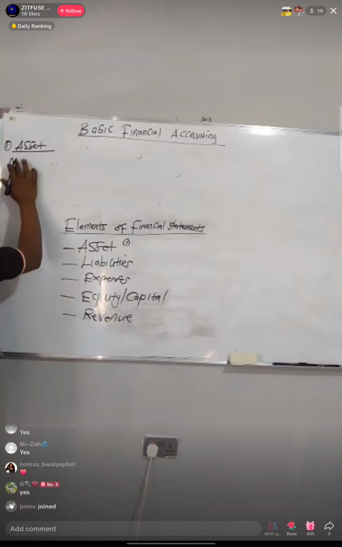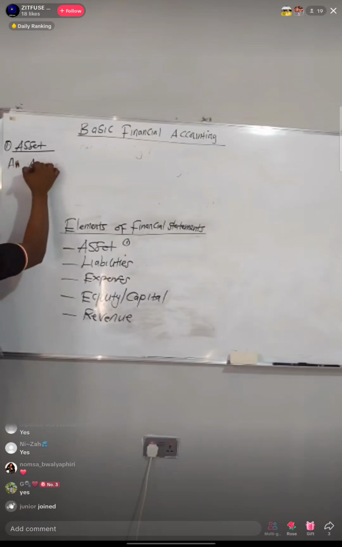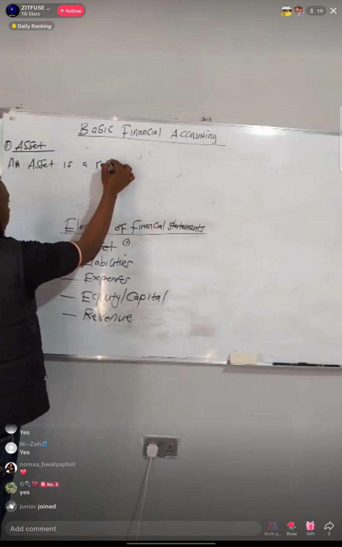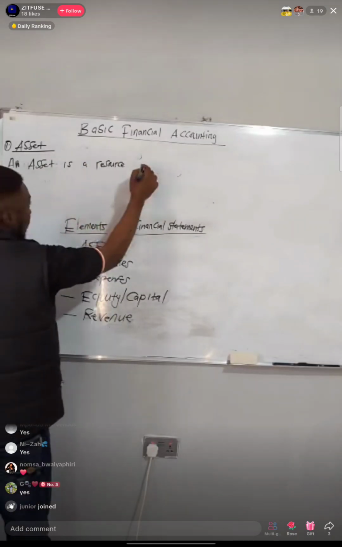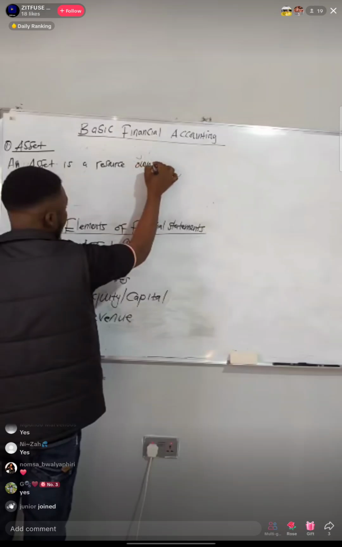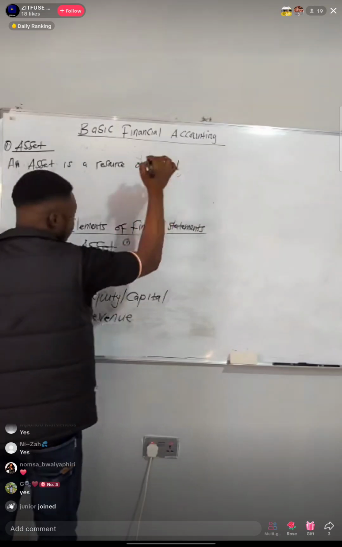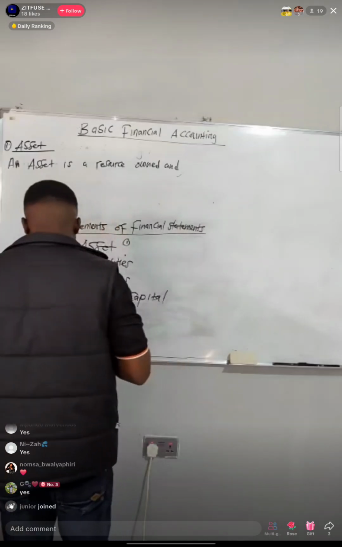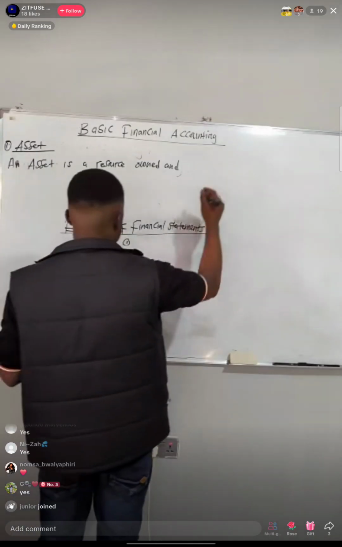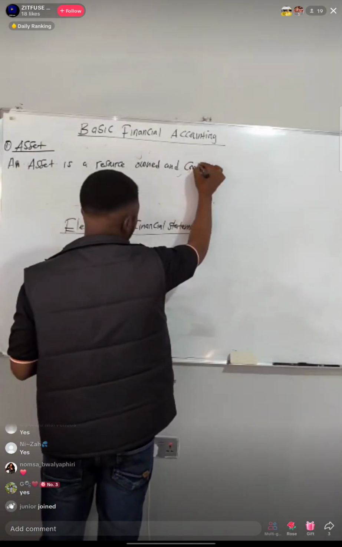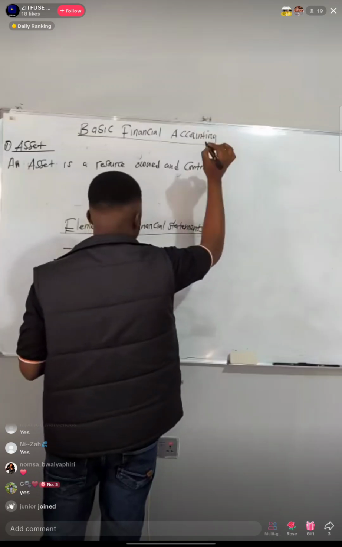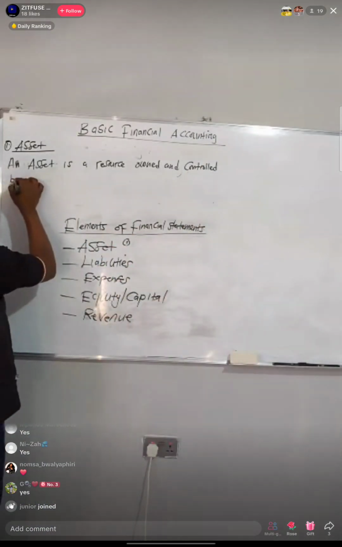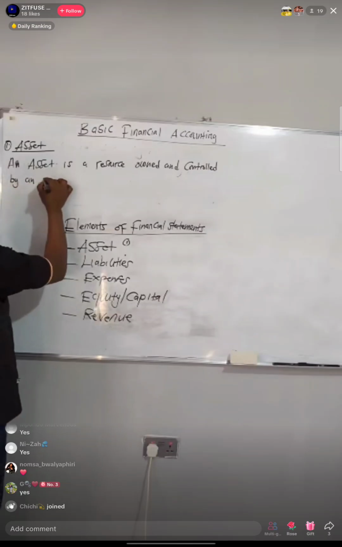So we're saying an asset is a resource owned and controlled by an entity.